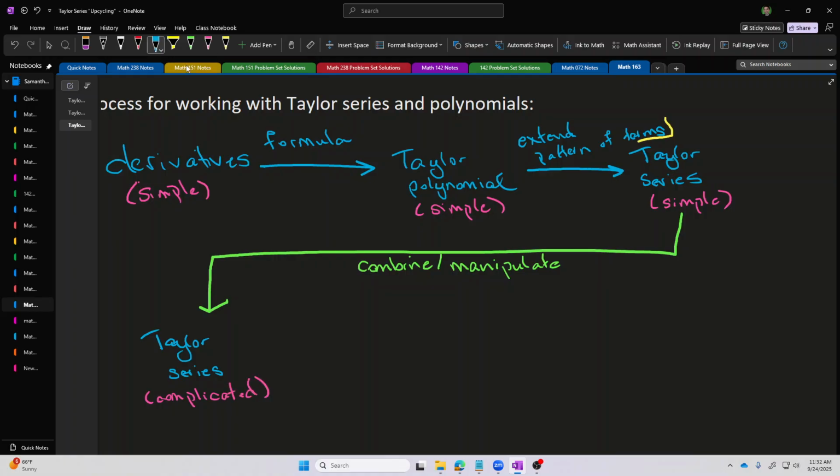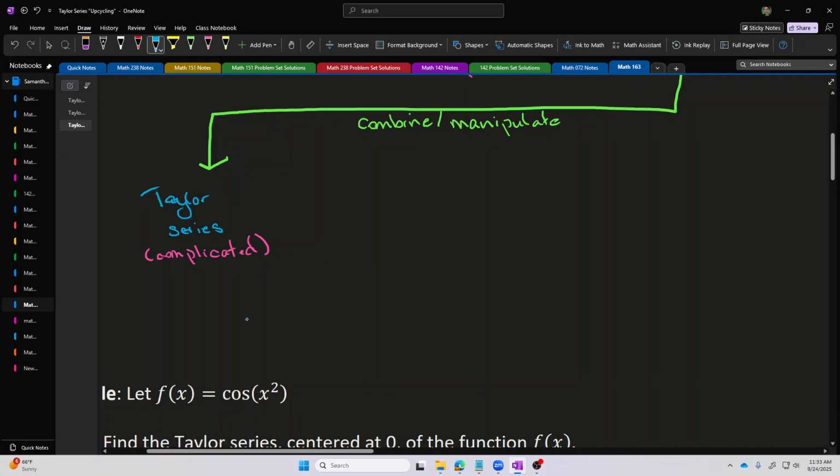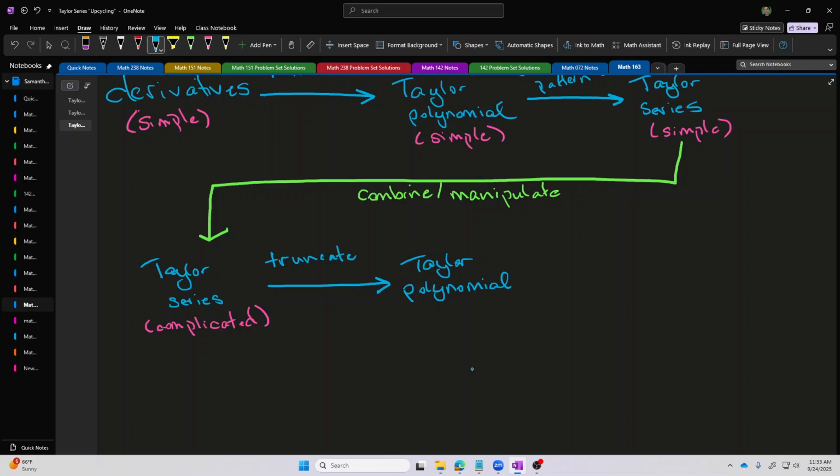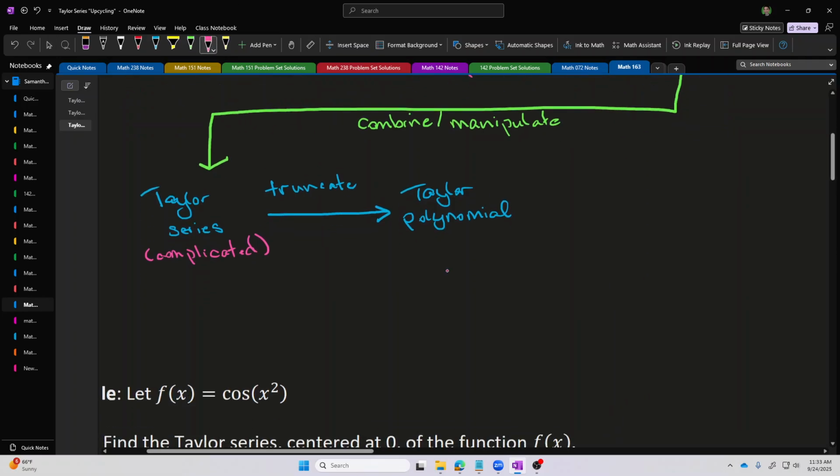Then, having those Taylor series for more complicated functions, we can always proceed to find more complicated Taylor polynomials simply by taking the infinite Taylor series and truncating it at whatever point or degree we may need for our application.